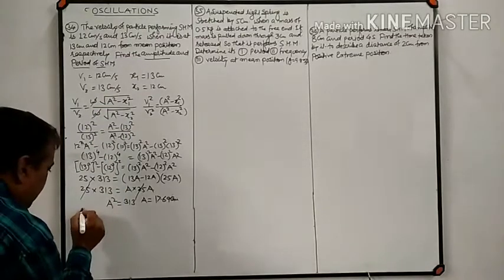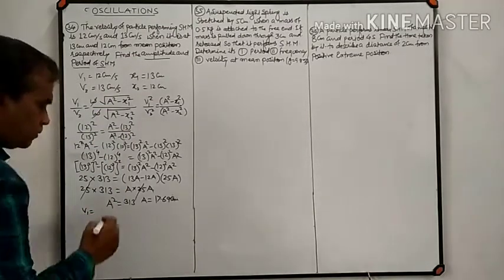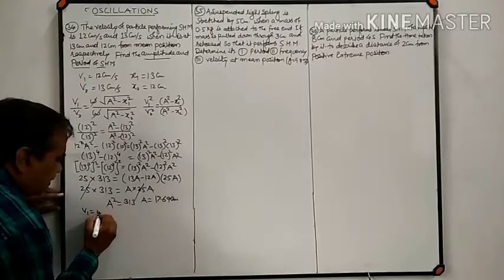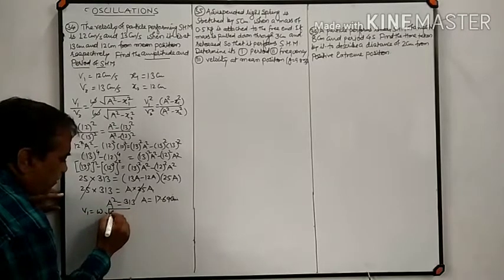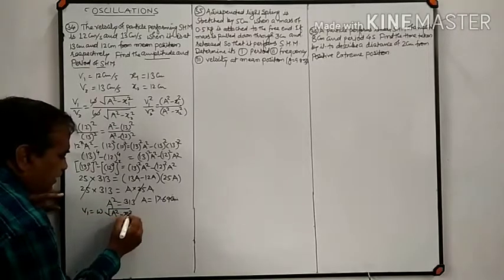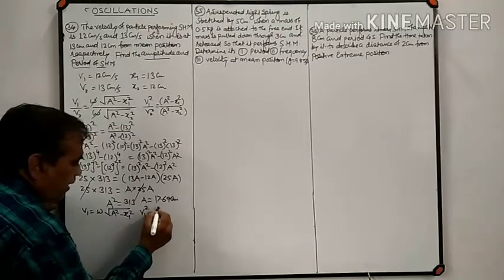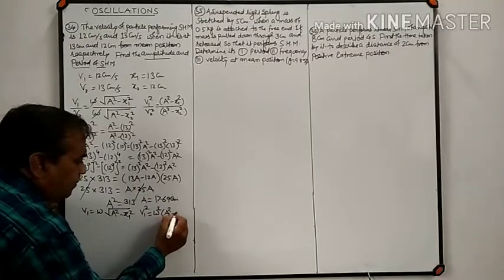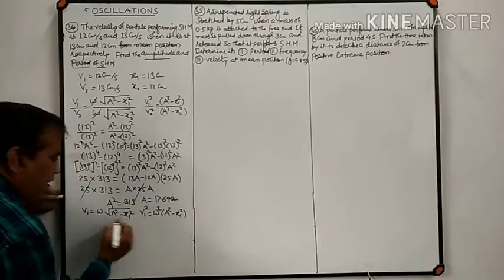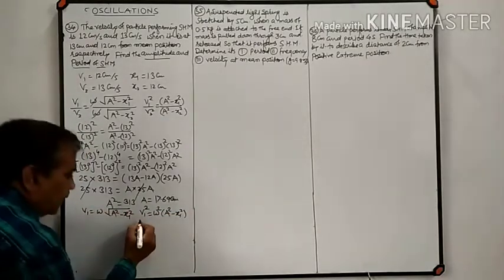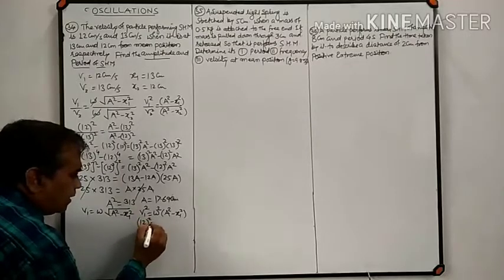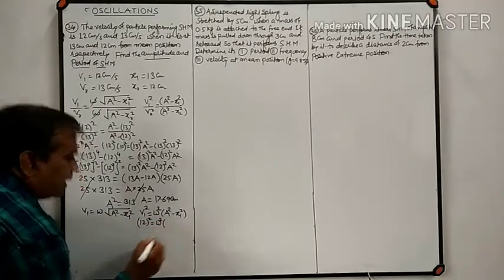Now we have to find out the period of SHM. To find out the period of SHM, we may try to find out first omega. That is V1 is equal to omega under root of a square minus x1 square, or V1 square is equal to omega square into (a square minus x1 square). What is the value of V1? 12. So 12 square is equal to omega square in bracket.